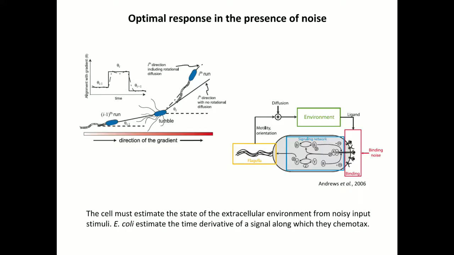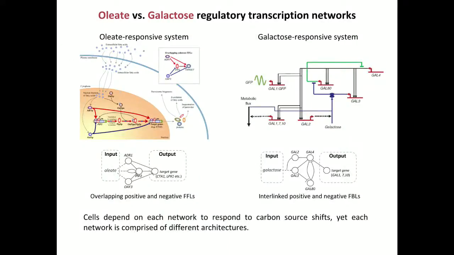For example, E. coli is essentially implementing a Kalman filter, where it's swimming up a gradient of sugar, and it's implementing optimal state estimation from a noisy input. And so a cell definitely tries to implement this idea of estimating something in the presence of noise, because that's what it needs to survive.